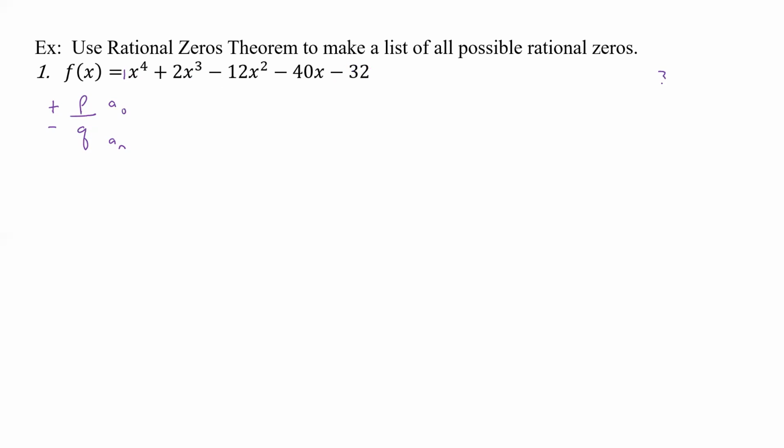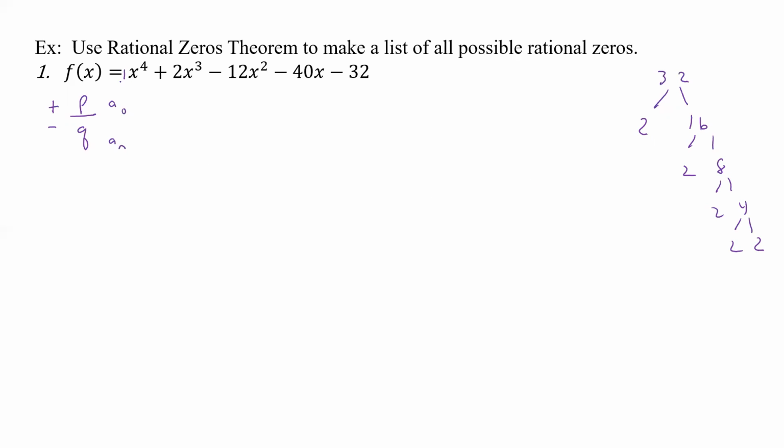So we need to think about the factors of 32, because we need to have all the factors of p here, okay? So what are we going to have? Well, we're going to have 2 and 16, then 2 and 8, then 2 and 4, and then 2 and 2. So we'll have all those possibilities, okay?